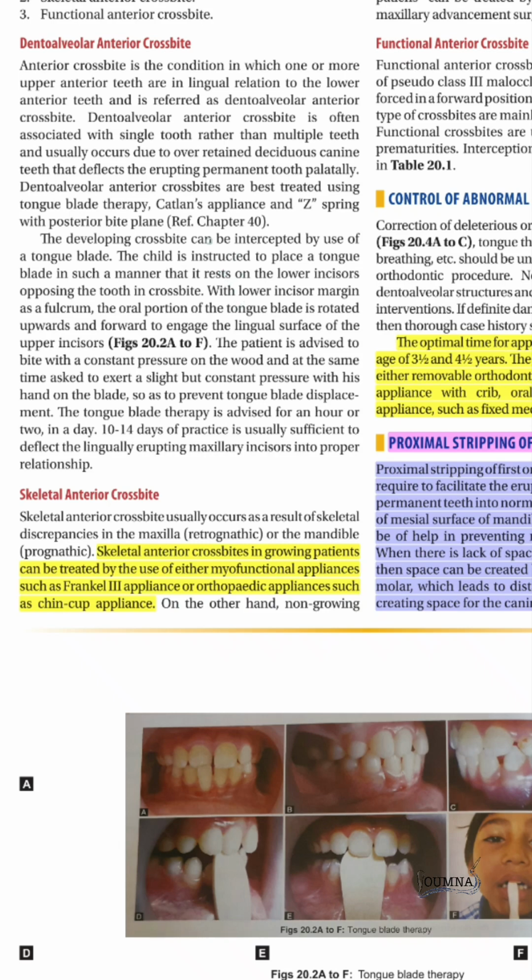In some cases, we use an appliance that is called the Catalan's appliance with a Z-spring and a posterior bite plane.